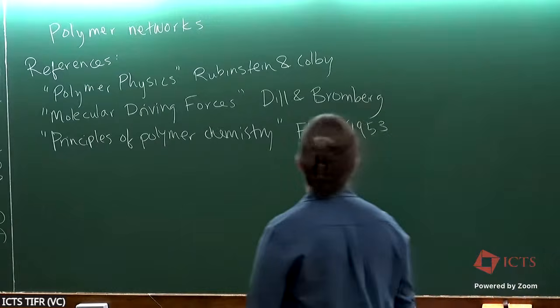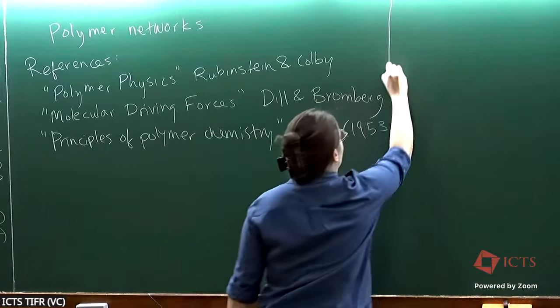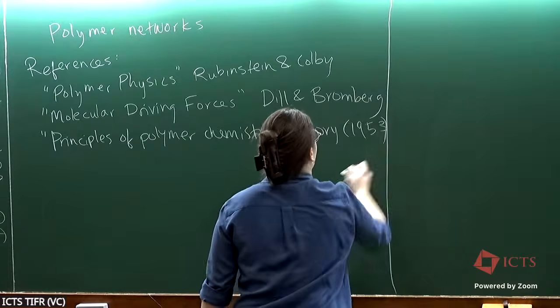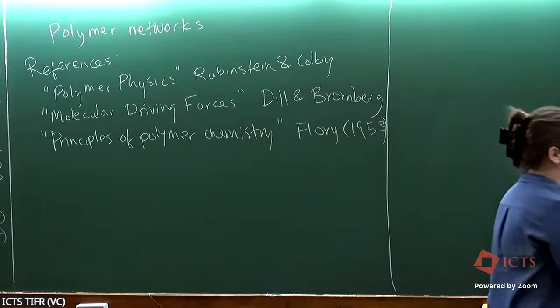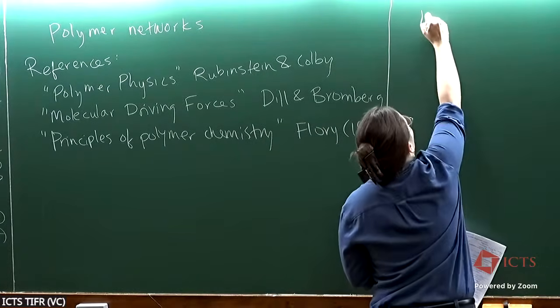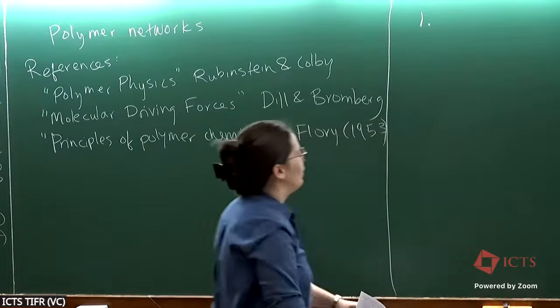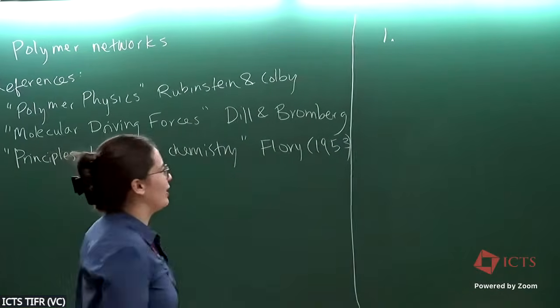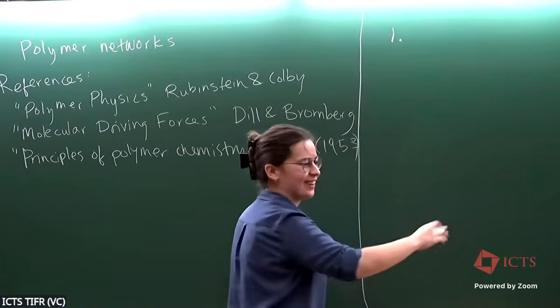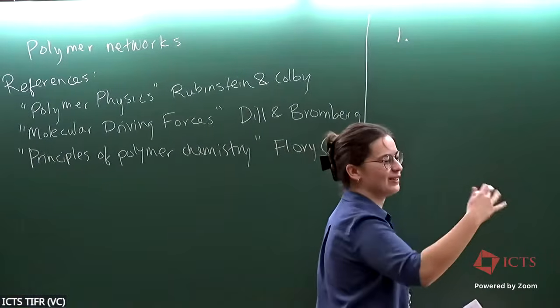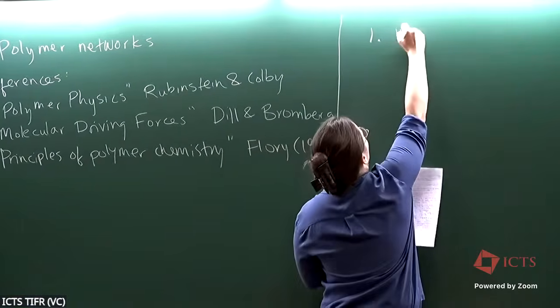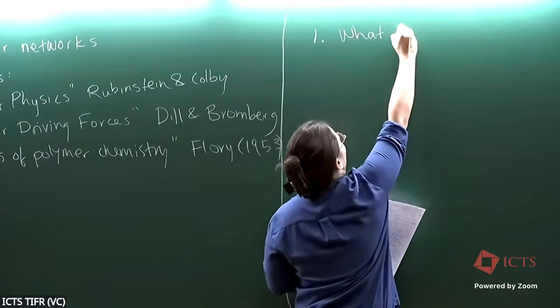All right, so what is a polymer? I'm going to follow Vincent's lead for the first lead up, and I'll do a numbered list, and then I'll lose the thread pretty soon, I think. But the first question we might want to ask is, what is a polymer?